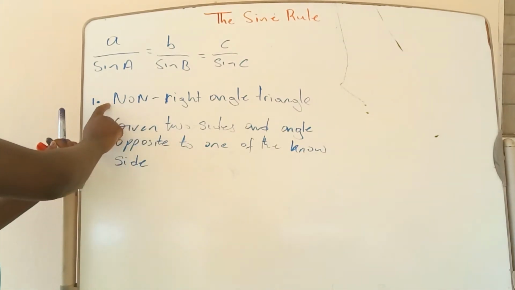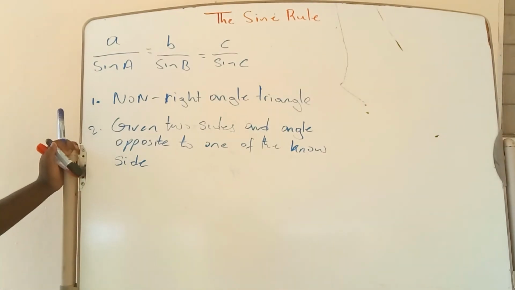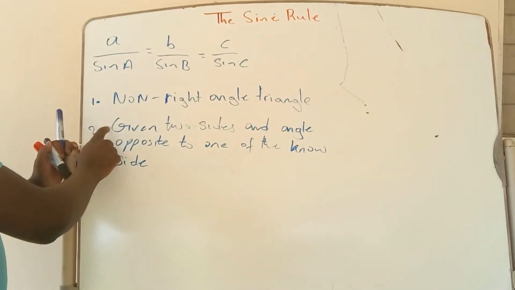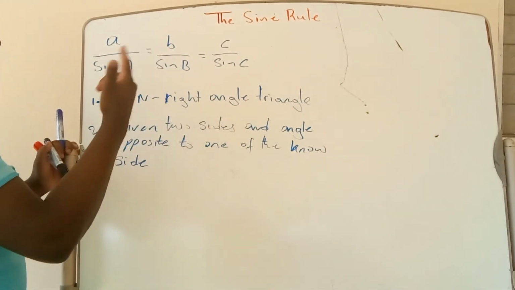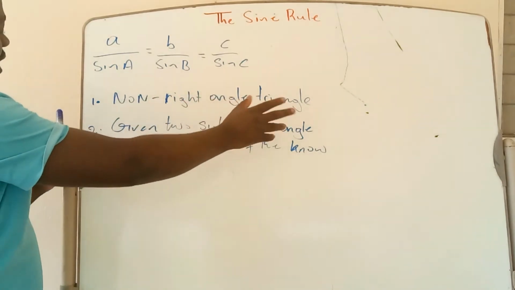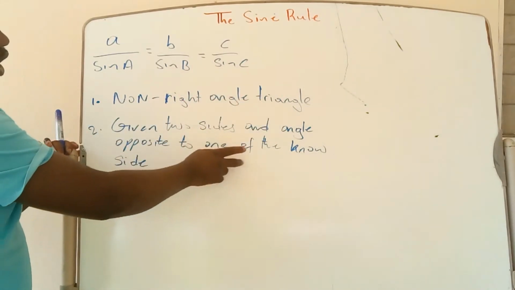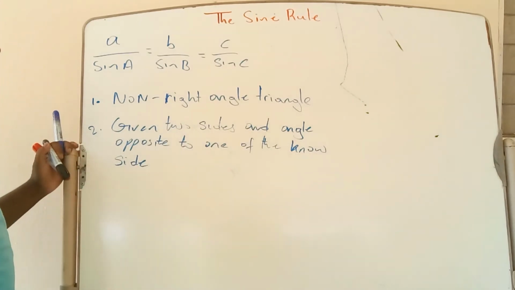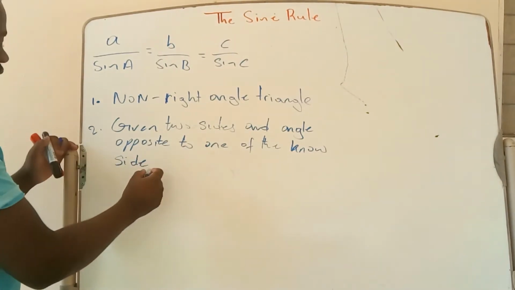So you know the triangle has to be a non-right angle triangle. That's one case. Another case, you must be given two sides, that means the length of two sides, and an angle opposite to one of the known side. That's one condition.